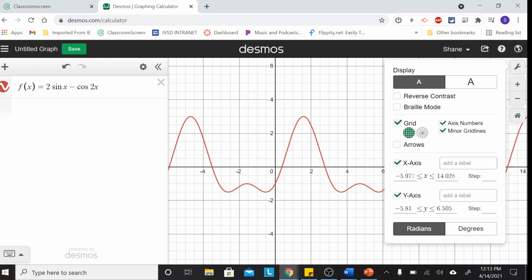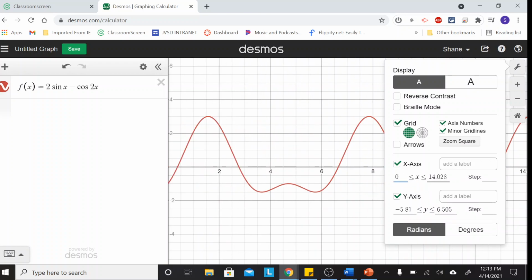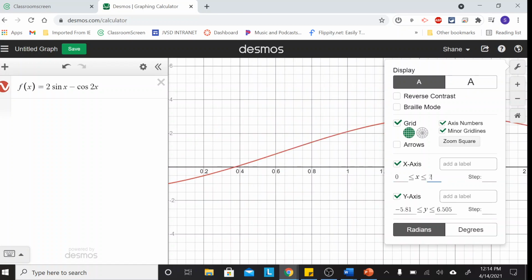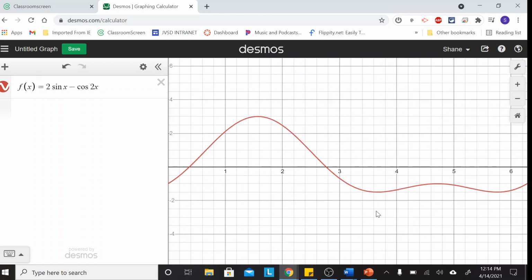I'm going to set my x-axis to go from the same interval as what we just did, 0 to 2 pi. Okay, so there is what my graph looks like, on the interval 0 to 2 pi. Pi is about 3.1, so we're about 6.2 is where this stops.